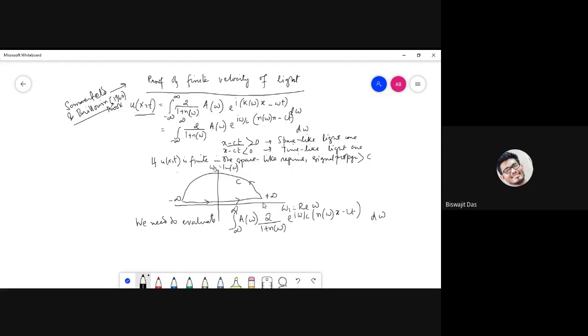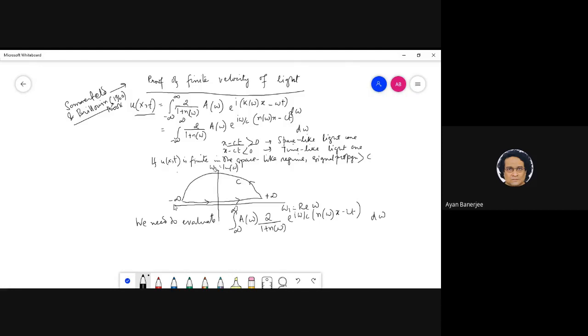The aim is to show the velocity can't be greater than c. First we consider the upper half, then we show that. What is just pricking me is, can we conclude that x minus ct is greater than zero here?